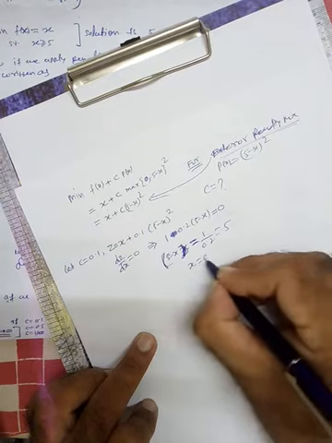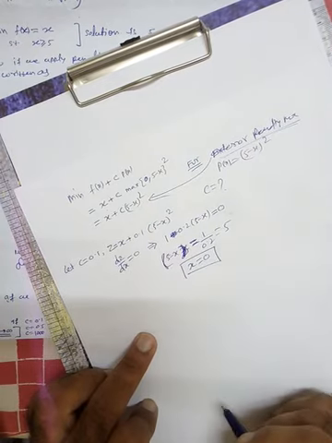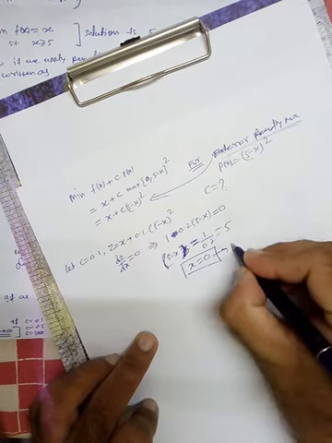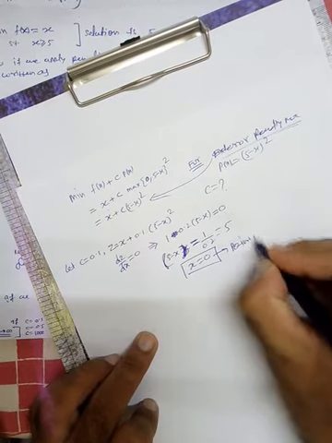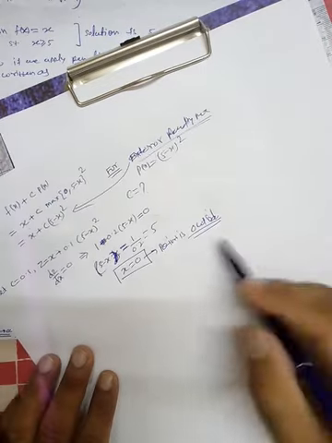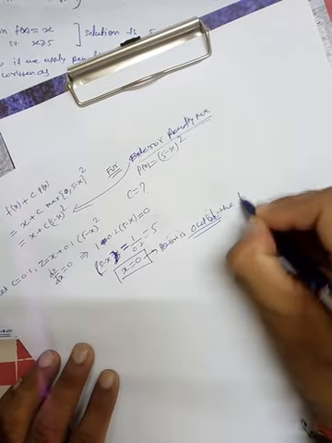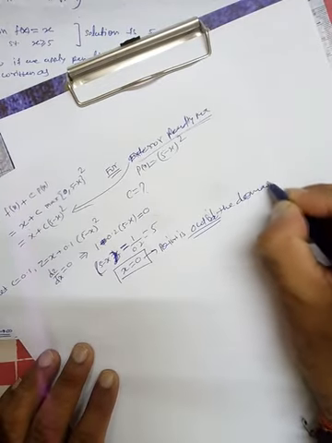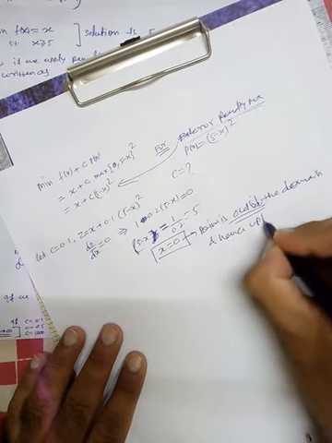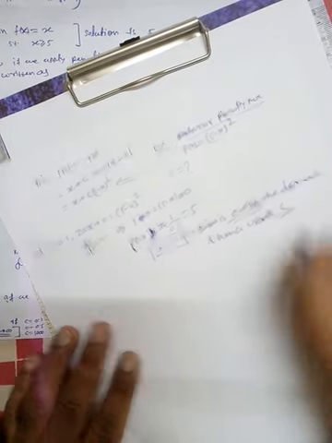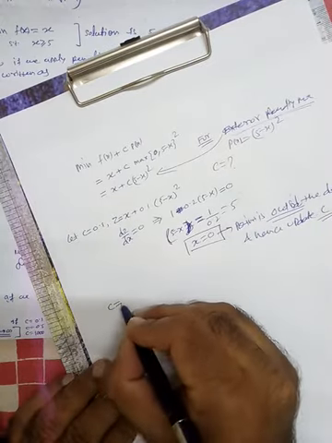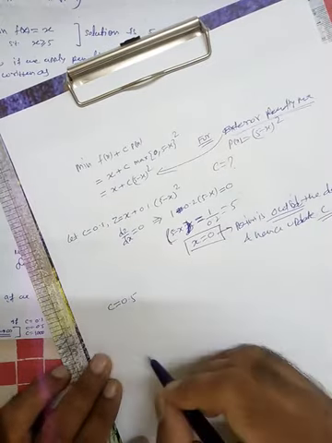So x will be 0. So you will see this point is outside the domain, and hence we update c.